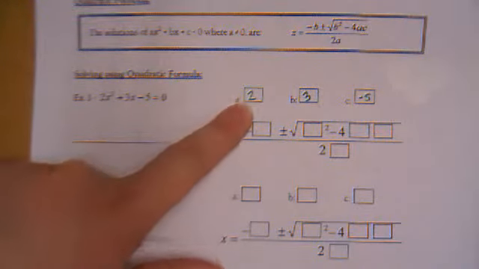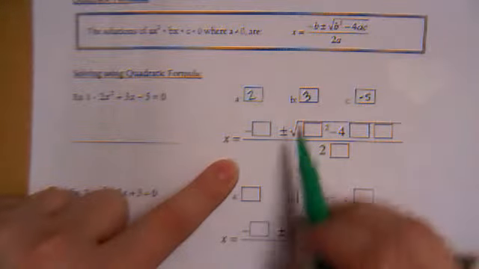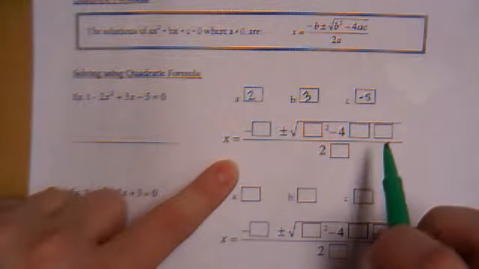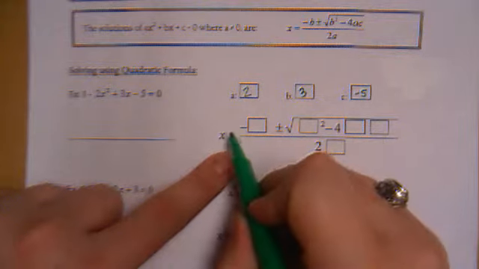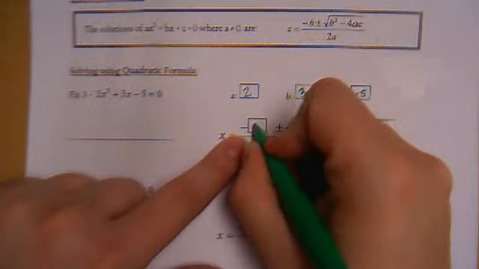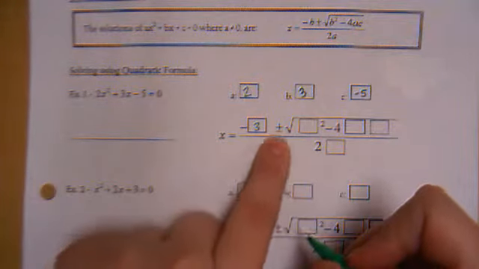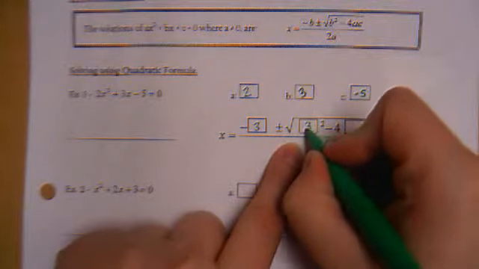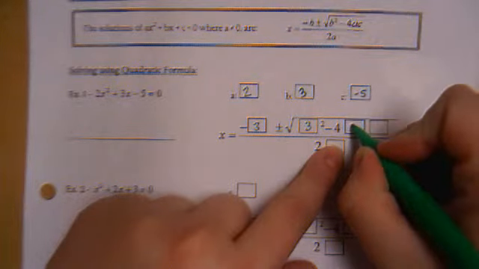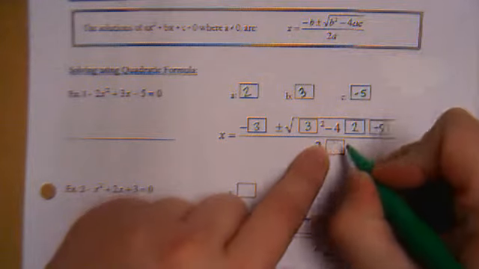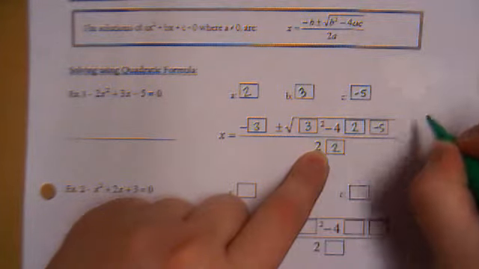So I'm going to take these numbers and plug them into this equation. If you look, it has it set up for us, so we can just plug stuff in. So x equals negative b, so my b is 3, plus or minus the square root of b squared, minus 4 times the a times the c all over 2 times the a.